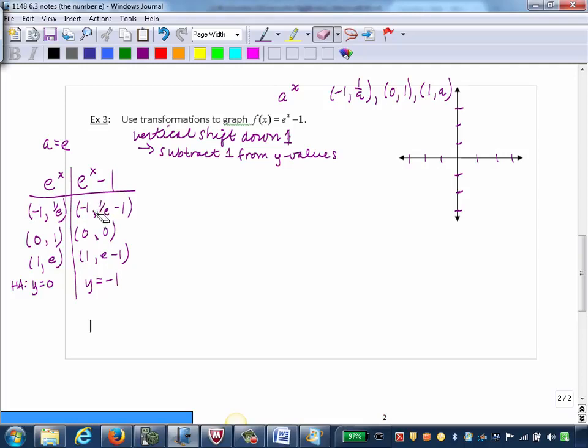You can verify that in your calculator. So 0.4 minus 1 gives us approximately negative 0.6. When I plot this point, I'll go to an x value of negative 1 and then go down 0.6, somewhere between 0 and negative 1, about halfway. But I want you to label that point exactly: negative 1, 1 over e minus 1.